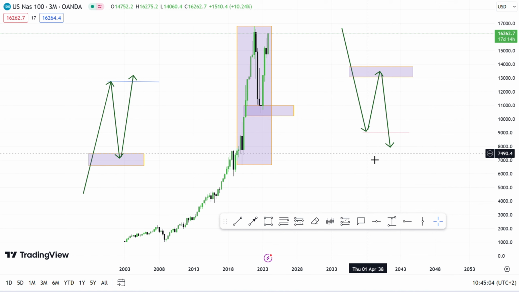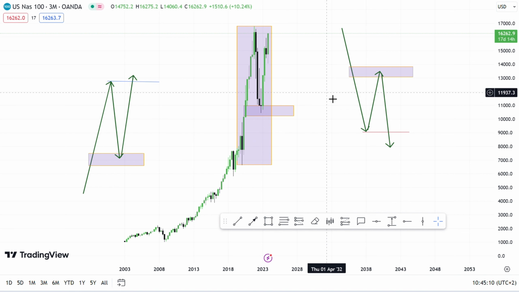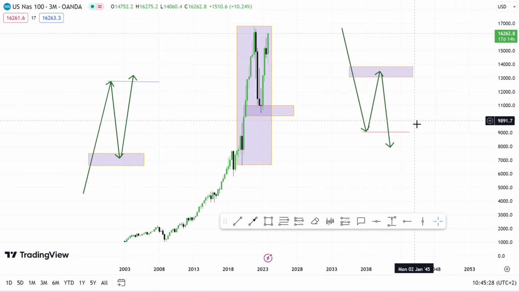So, what lies above this high and what lies above this low? Liquidity. Liquidity lies above a high and below a low. You get that? I'll repeat it again: liquidity lies above a high and below a low. Because after you've taken liquidity here, you can come back and take out this area.